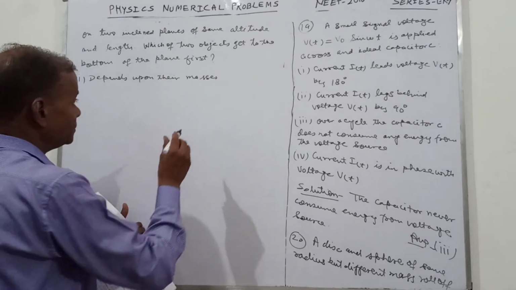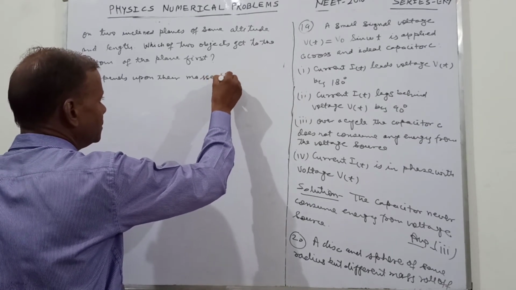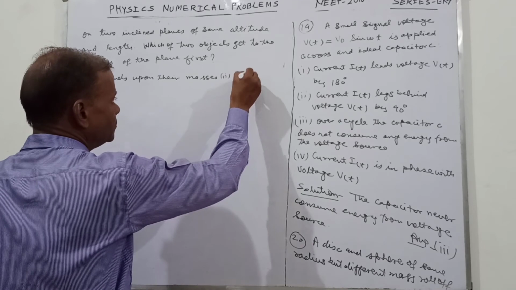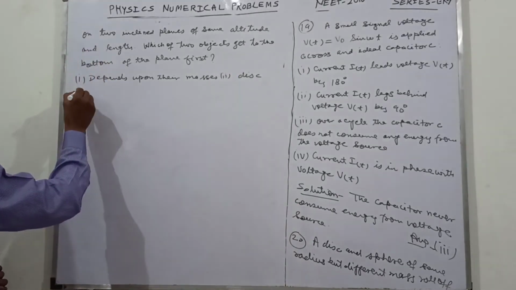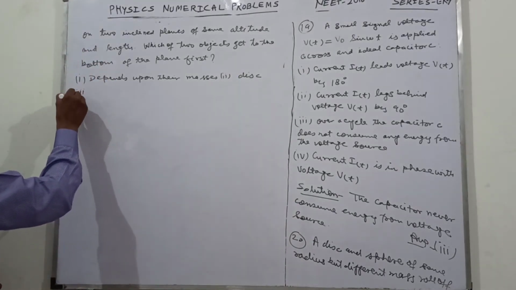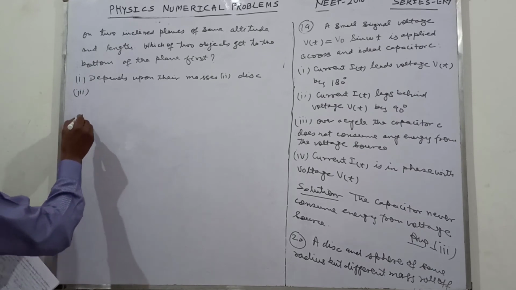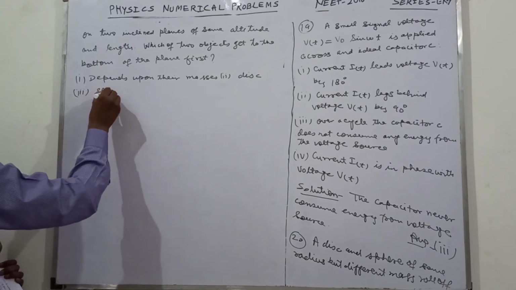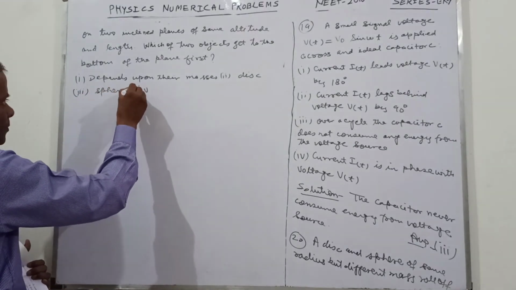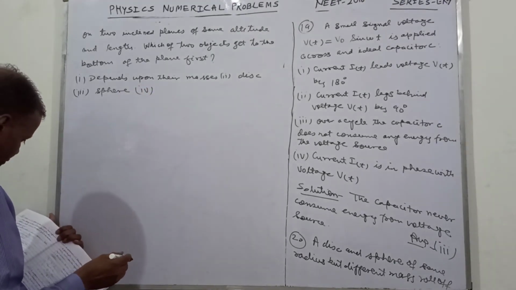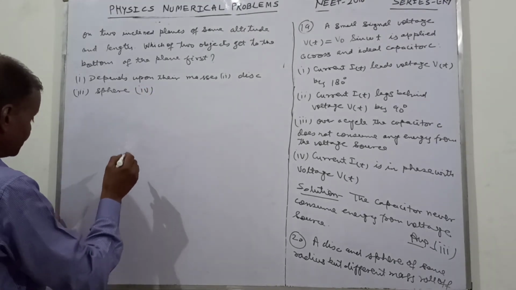Second, disk. Third is sphere. And fourth is both reach at the same time.